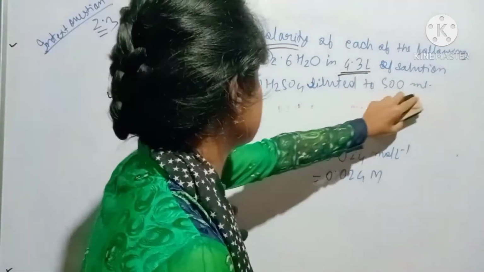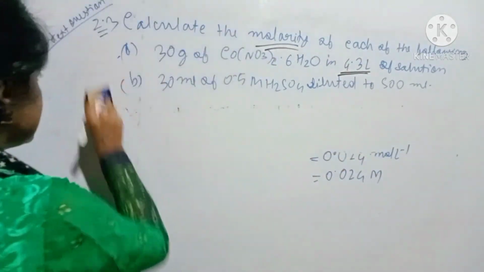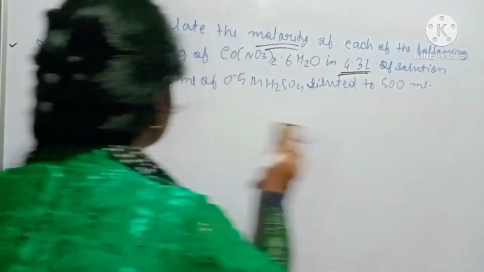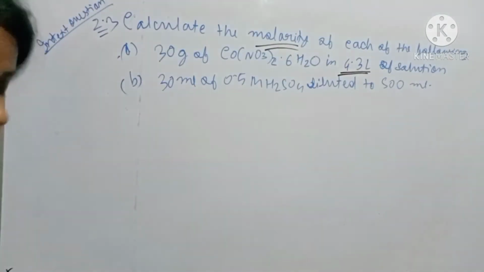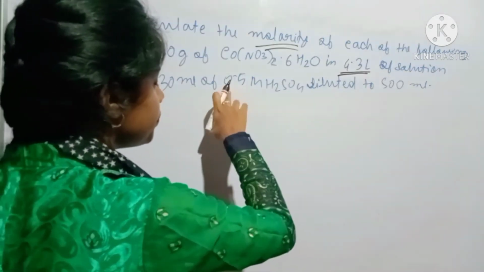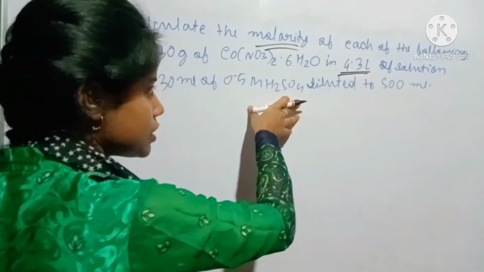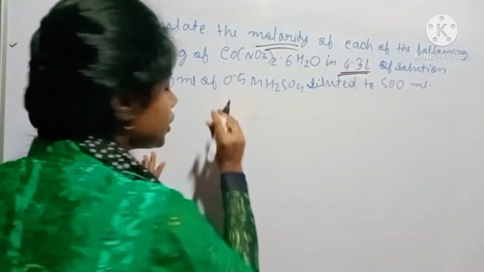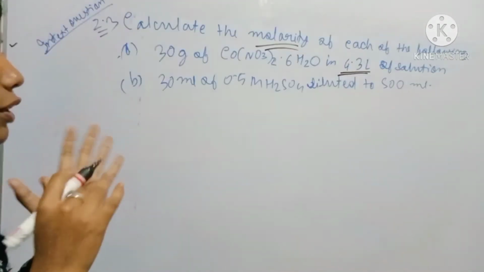Now we are going to question B. Okay, question B is quite interesting. Here it says that 30 ml of 0.5 molar H2SO4 were diluted to 500 ml. Let me give you an example of your practical examination.